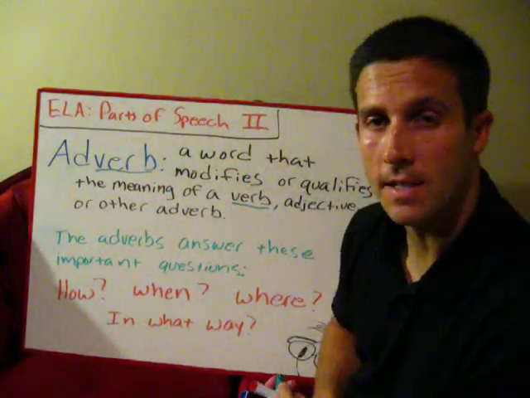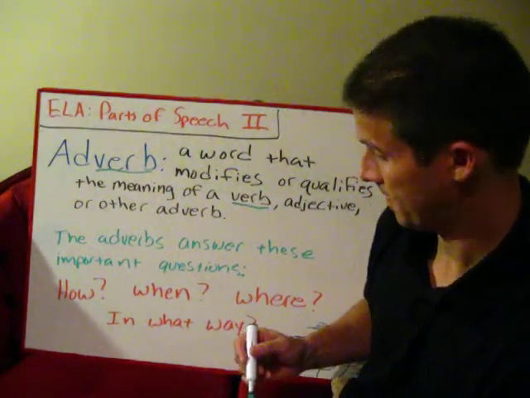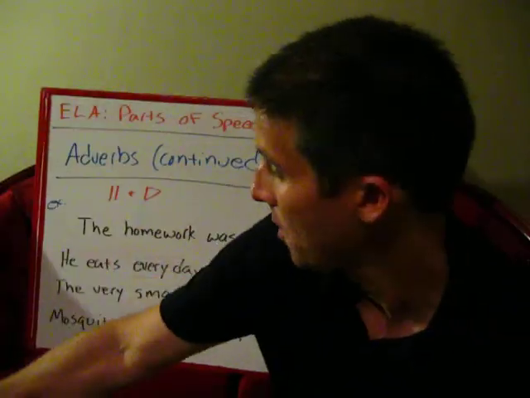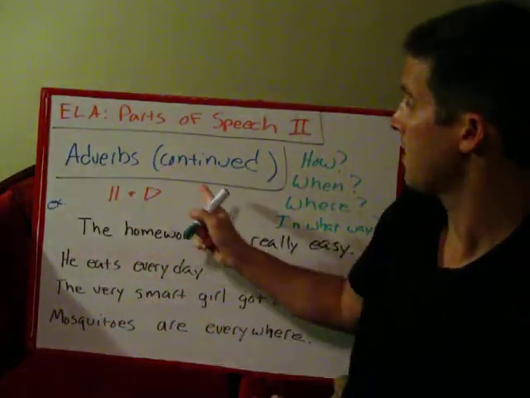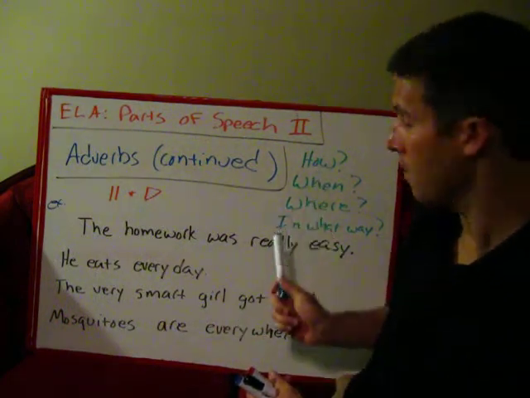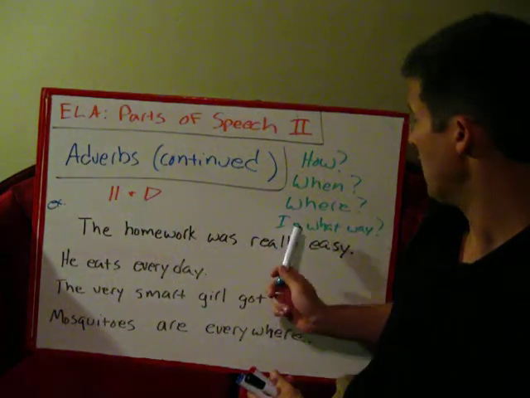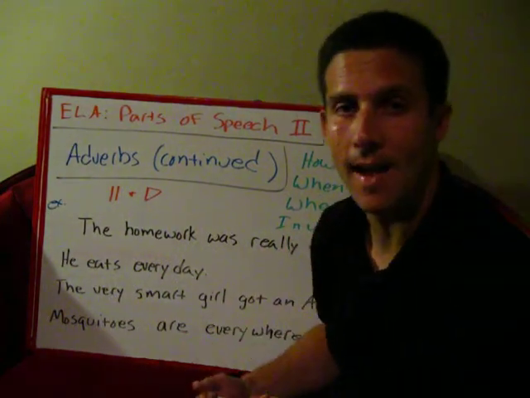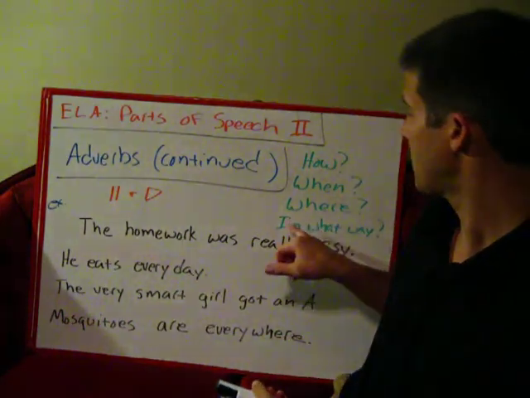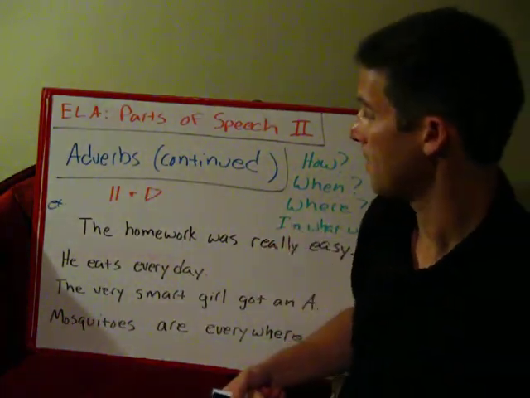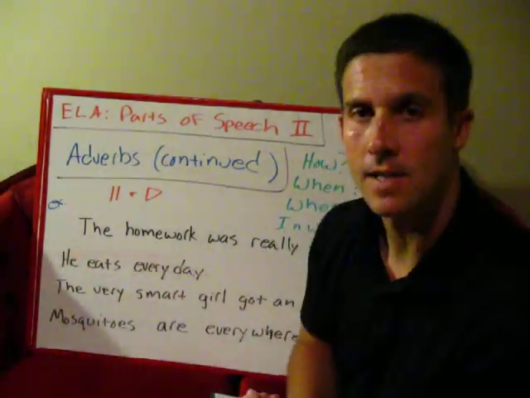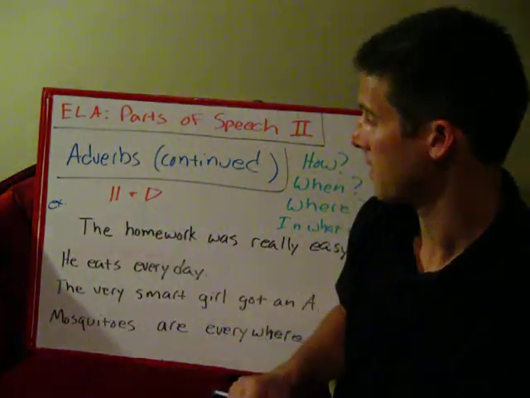And again, the best thing to do is just to go through some examples. Alright, here we go. Adverbs continued. Remember, they answer the questions how, when, where, in what way. Some teachers may say how often, to what extent. I just try to simplify it in those four right there. Now we have four sentences, and this is a pause and play section.